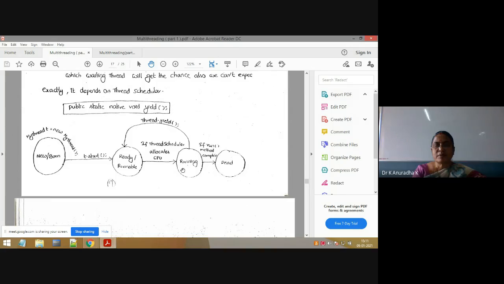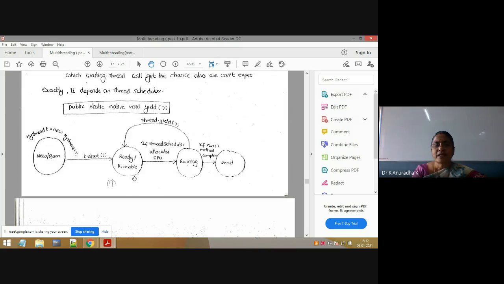But after that, we have written Thread.yield inside the child thread. That's why immediately from the running state, it goes to the ready state using Thread.yield. That means the child thread is going from running state to ready state with this Thread.yield method.